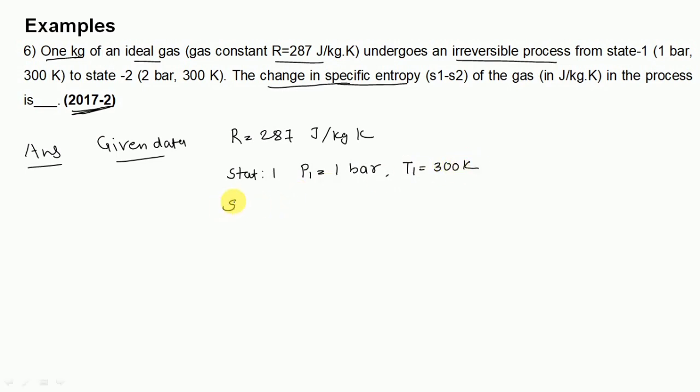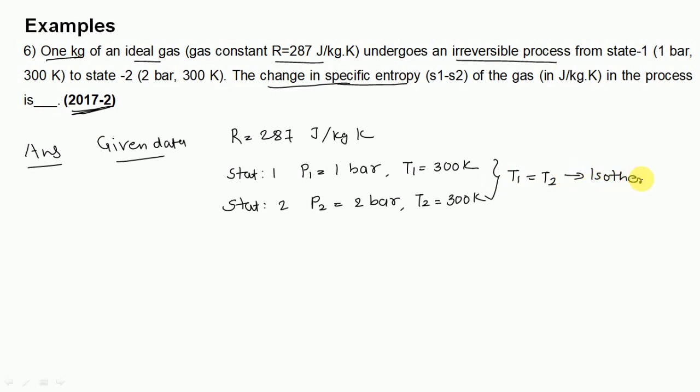For state 2, pressure P2 is given 2 bar and temperature T2 is given 300 Kelvin. So here you can observe the temperature in both states is the same. So T1 is equal to T2, so it becomes an isothermal process.